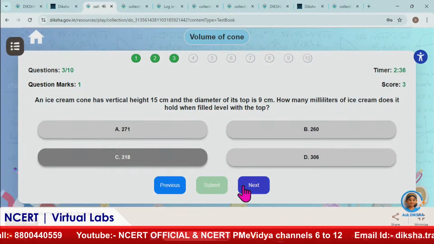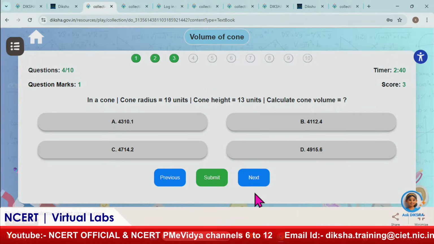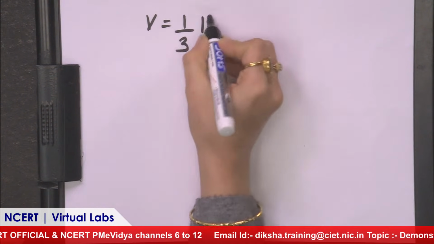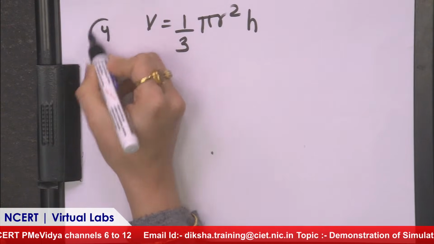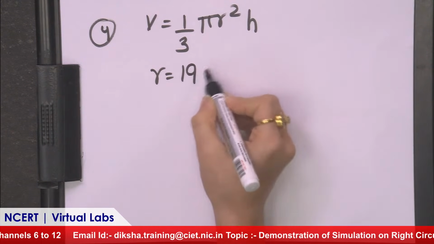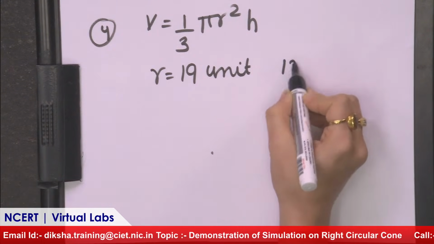This way there are many questions on the same calculation. We can see that again the volume of cone is 1/3 pi r square h. In this fourth question, the radius is given. What is r? R is 19 unit, and height is 13 unit.